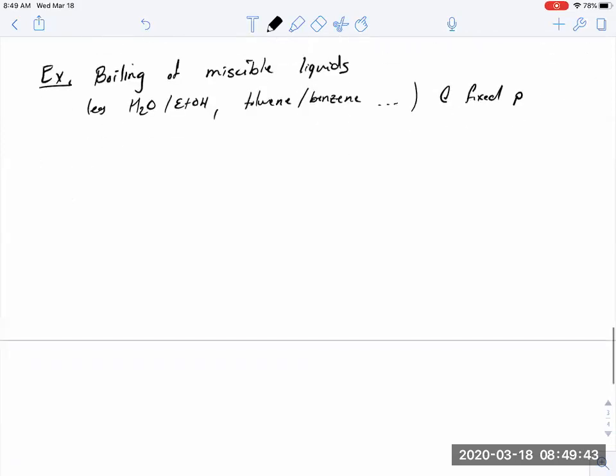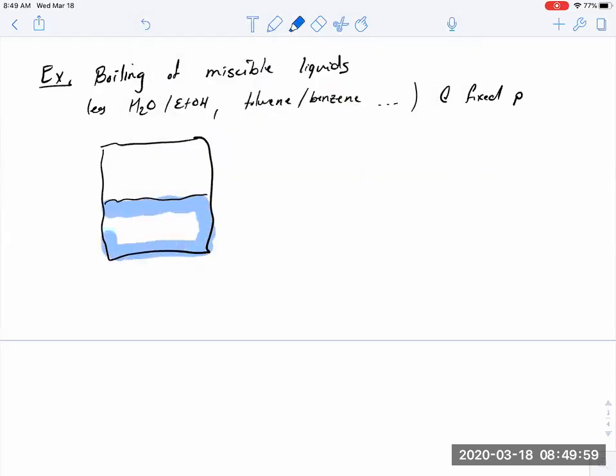Okay, so we're trying to work out the coexistence conditions for boiling. So let's imagine I have some liquid in contact with the vapor. Now that liquid might have some composition.